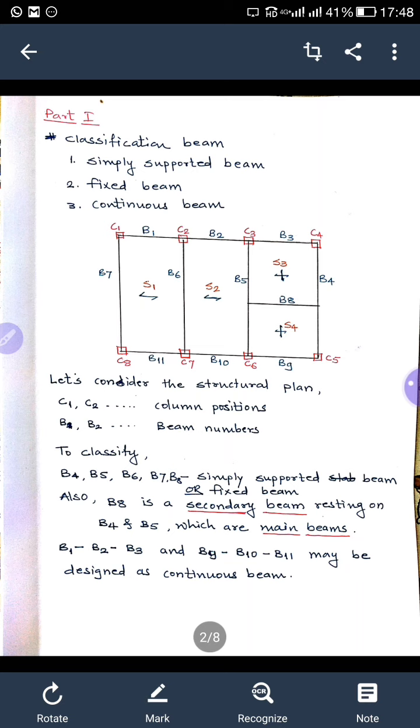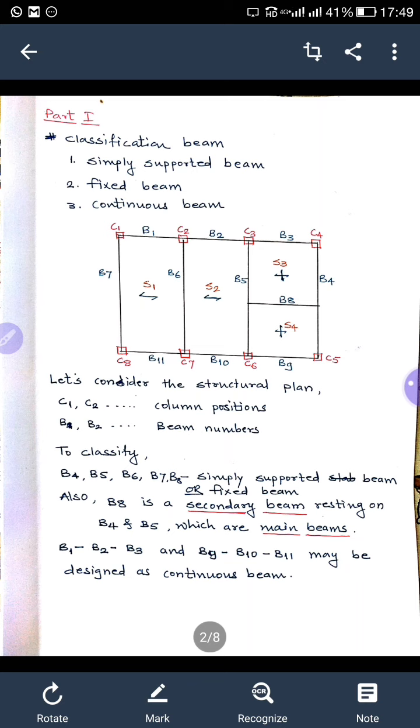Now we have B1, B2, B3 supported by columns C1, C2, C3, C4. So it has continuous supports. We are going to design these as continuous beams. Same we have on the other end, B9, B10, B11. So in this way we can have groups.